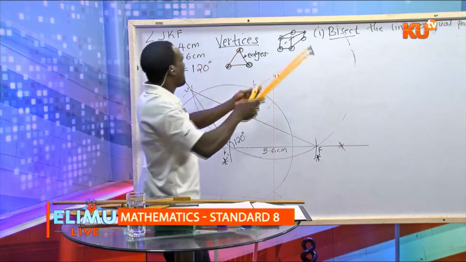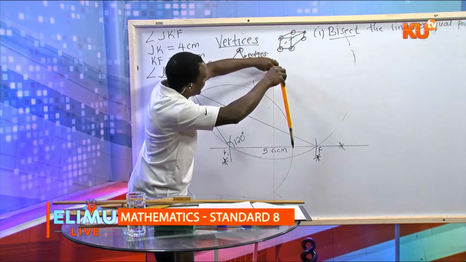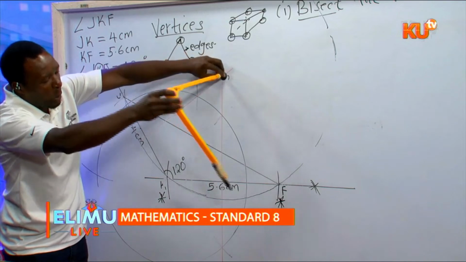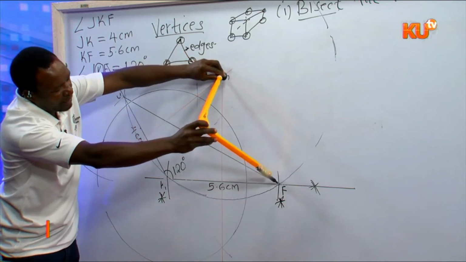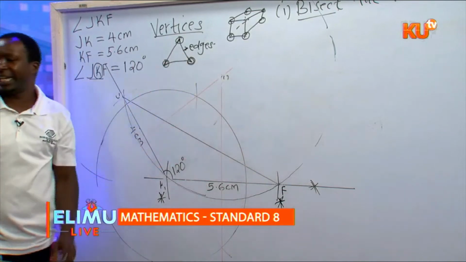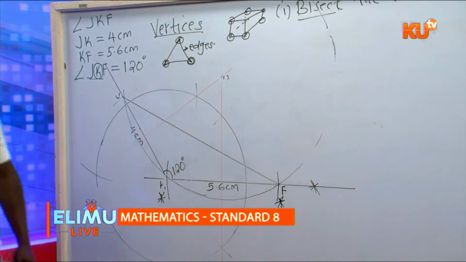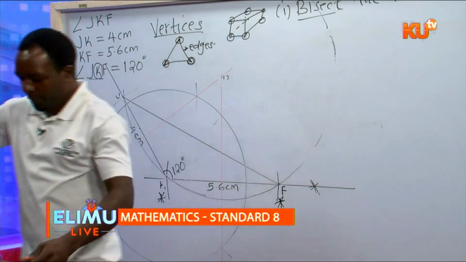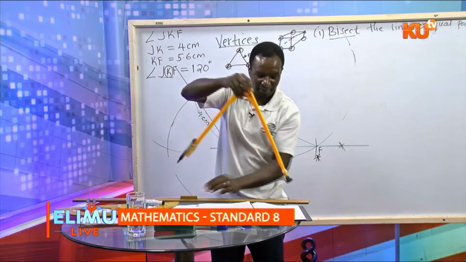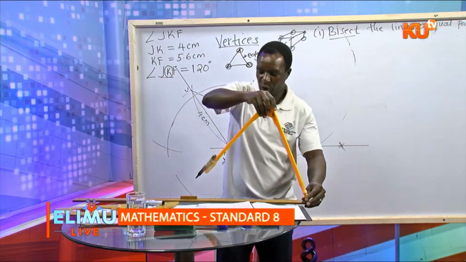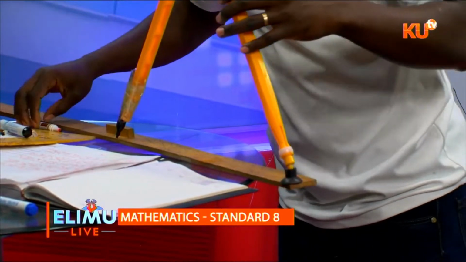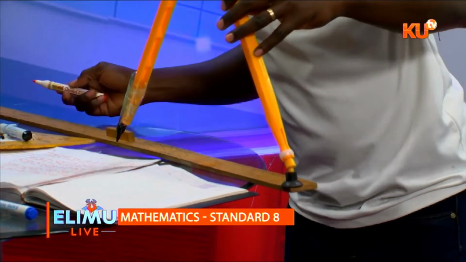Because after putting your compass where the perpendicular bisectors met, that is our point O, and touching one of the vertices, this is the radius of the circle. Come and measure it on your ruler.